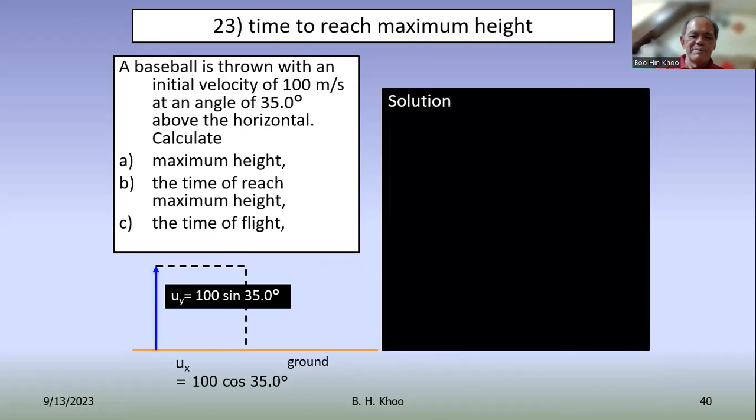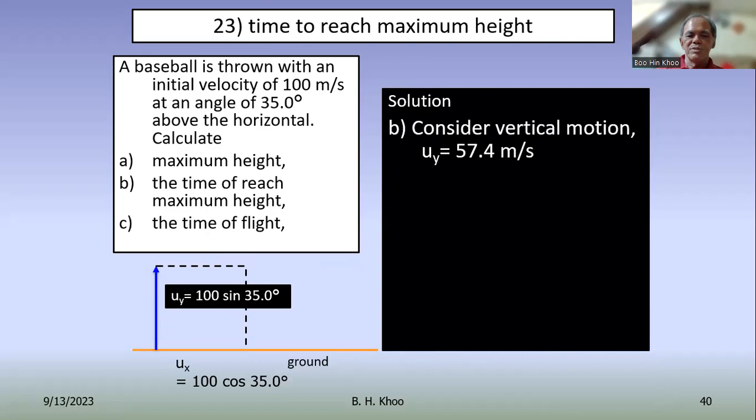Time to reach maximum height, the same thing. Consider vertical motion. That's what we have calculated there, uy for this one. This is negative because this is downwards. This we take outwards as positive. At maximum height, v equals 0, and t is what we're going to find. So choose the right formula: v equals u plus at.